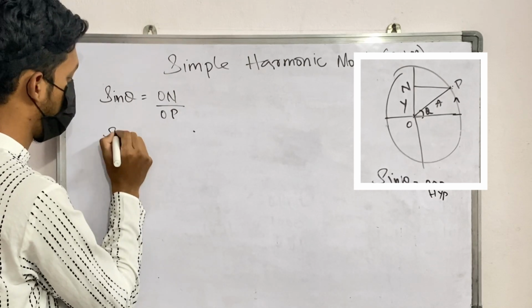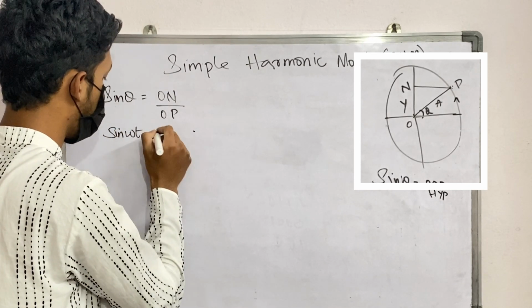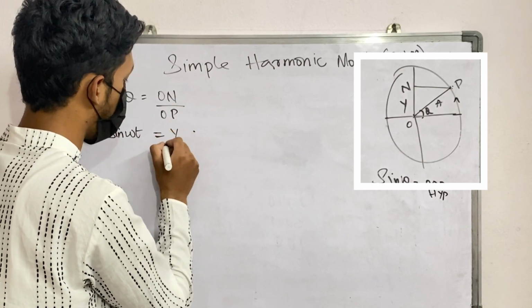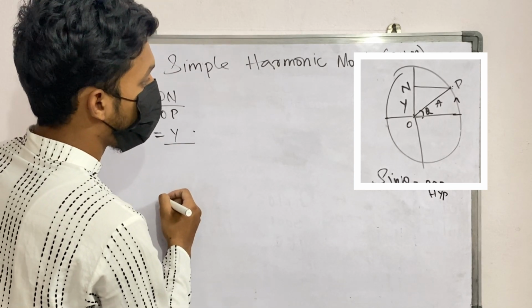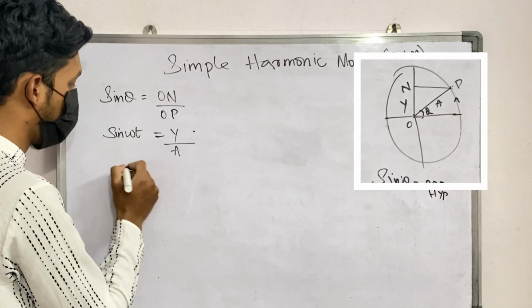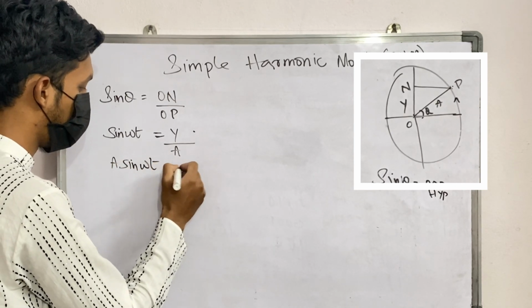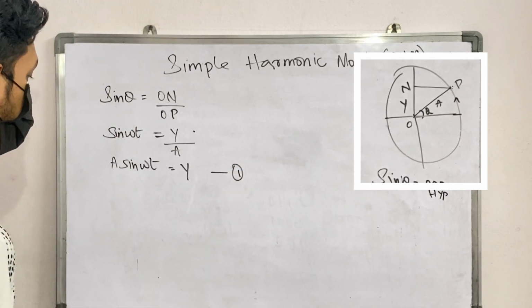So sine theta is represented as omega t, on is represented as y, that is displacement, and op is written as a. So now a sine omega t is equal to y. This is equation 1.